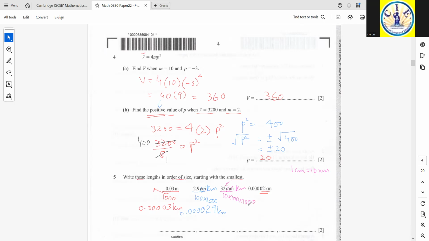Altogether, we have got 6 zeros in the denominator of 32. So the decimal is going to shift 6 digits to the left, and that gives 0.000032. This is in kilometers as well. And this amount is already in kilometers. Now we can compare them.